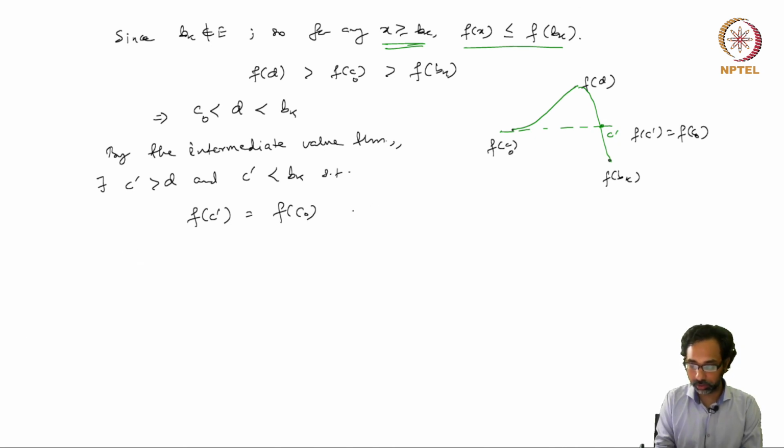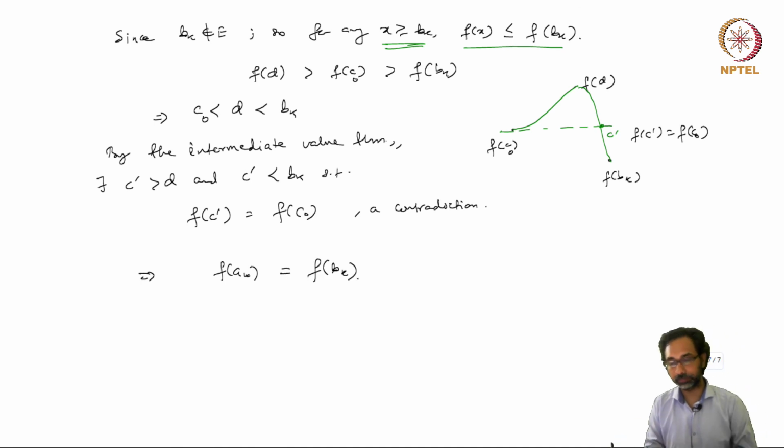But this is a contradiction, which implies that f(ak) must be equal to f(bk). So this proves the rising sun lemma, except that we still have to make sure that the inequality holds.